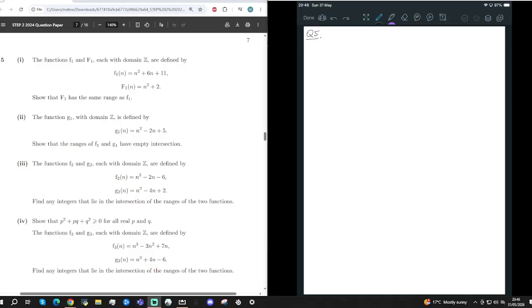So we now have question 5 here. This one, to me at least, looks a lot more pleasant. It's talking about ranges, algebra and functions, and particularly, which I'm quite intrigued by, which makes the question quite a bit different, we are restricted to the domain of Z. So we're only allowed to input integers into these functions.